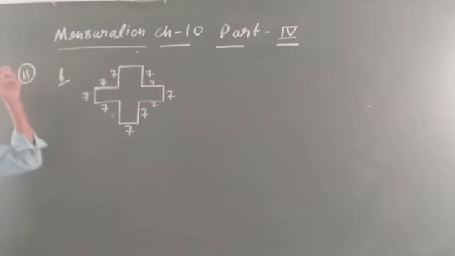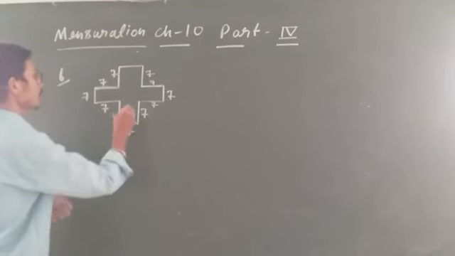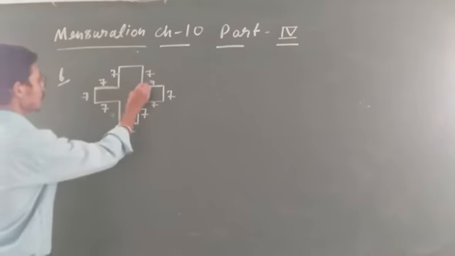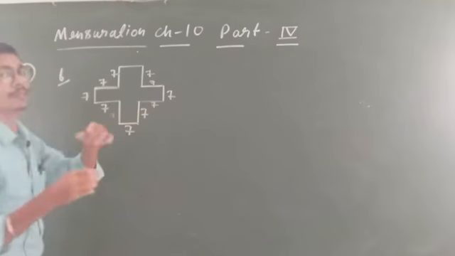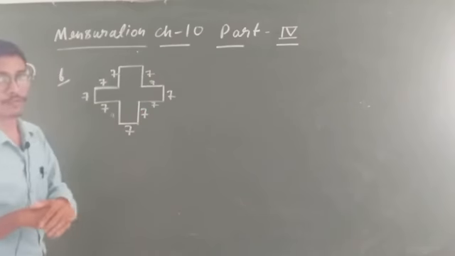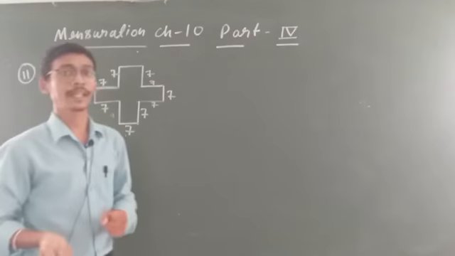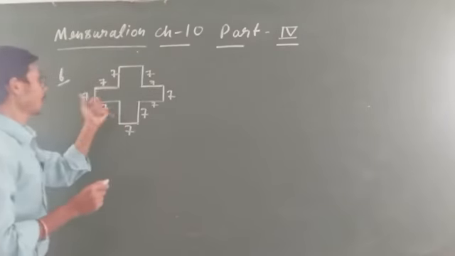Okay. So at your home, your brother, sister, mother, they can tell that this is in the form of 1 square, 2 square, 3 square, and so many solutions of this question. But in this question there is a very important thing you have to see: you have to split this diagram in the form of rectangles.